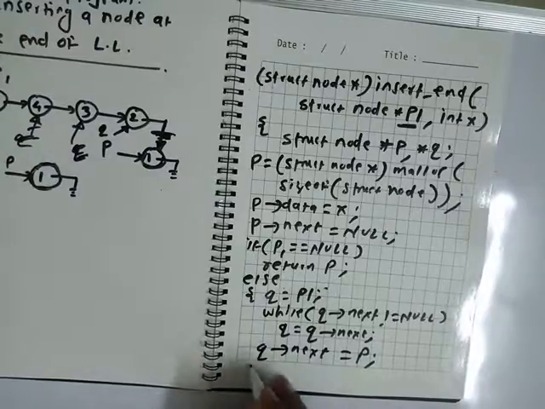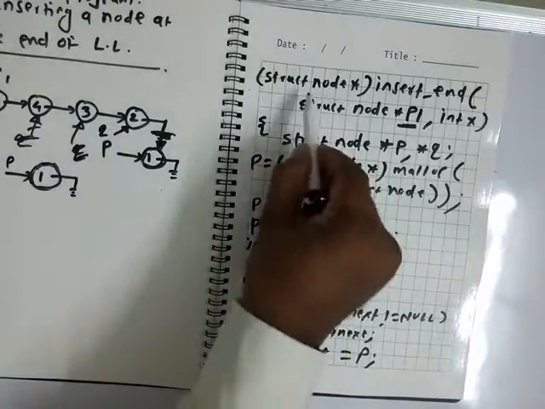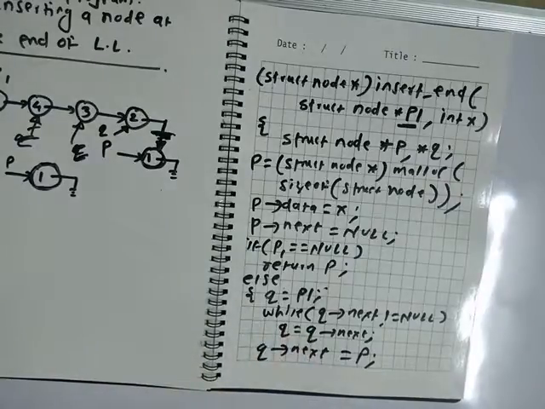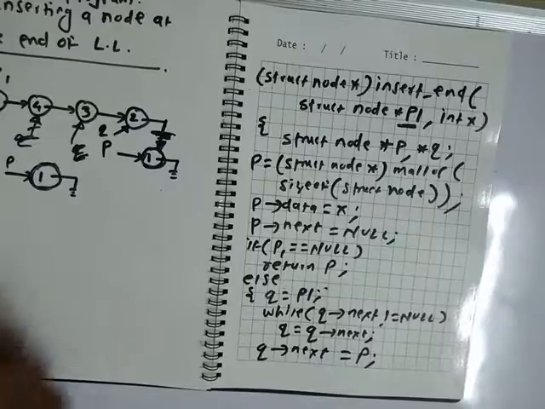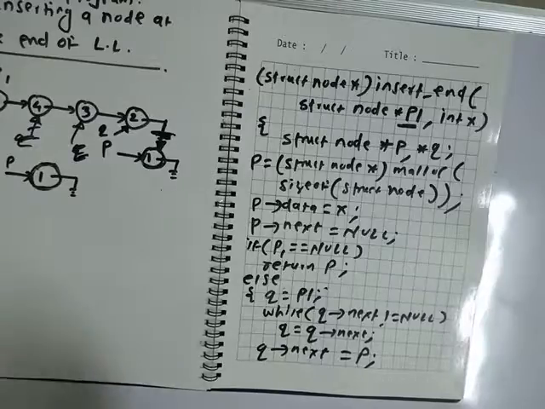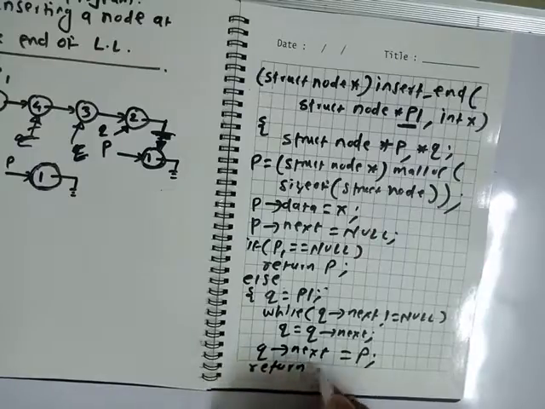In fact, returning it is actually not required, because we are anyhow inserting at the end of the linked list. Our first node will change only when the insertion happens in the empty linked list, right? So we'll now return p1.